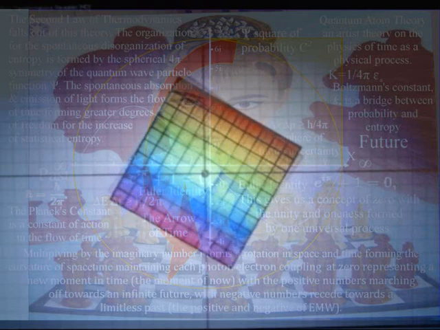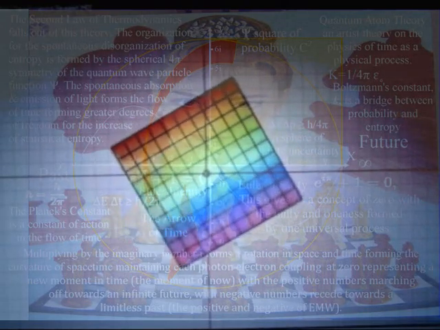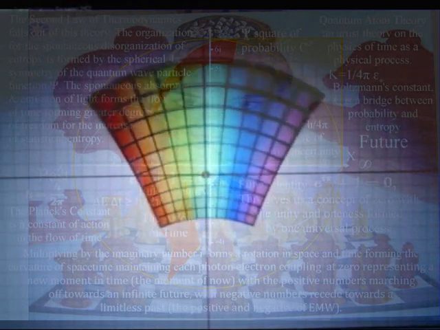Photon oscillations or vibrations are represented by transformations upon the complex plane, sending each point to a corresponding point. This continuous transformation represents the continuum of time.